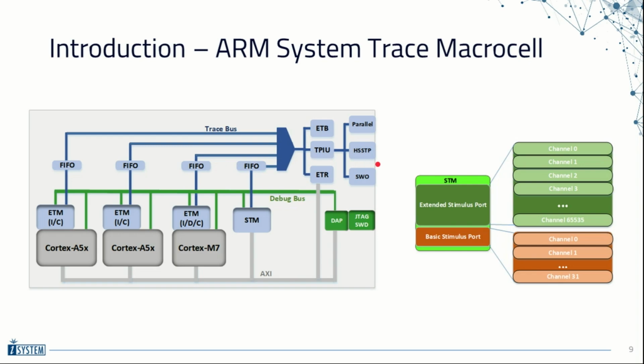So, in effect, what all of this means is that the STM stimulus ports are memory mapped as registers, and the application can perform data writes to an STM channel, and any data that's written to this address appears in the trace stream. These addresses are 64-bit aligned and are separated into the basic stimulus port and the extended stimulus port. The basic stimulus port has 32 STM channels, and the extended stimulus port has over 65,000 of them.